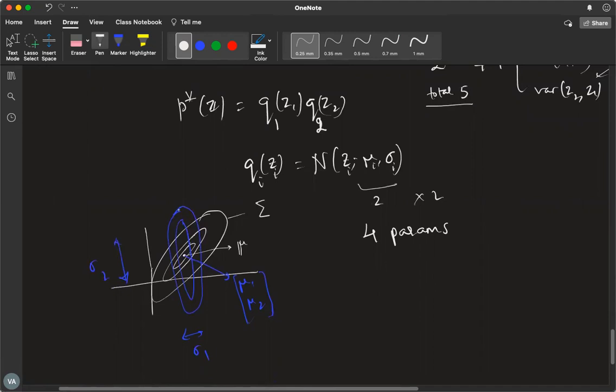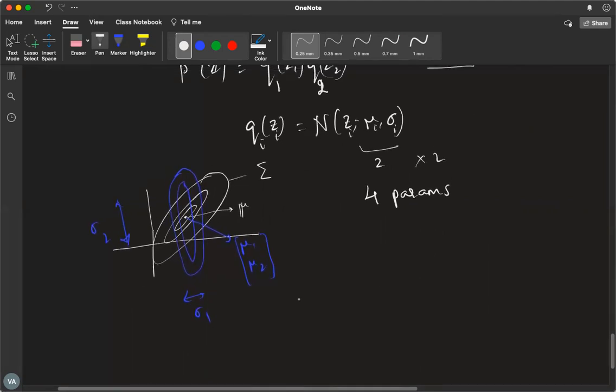You see in the blue distribution there is no tilt. The tilt won't be there because the tilt term is there because of Z1 and Z2 interacting, and since in our joint PDF both are independent, we don't have that tilt.